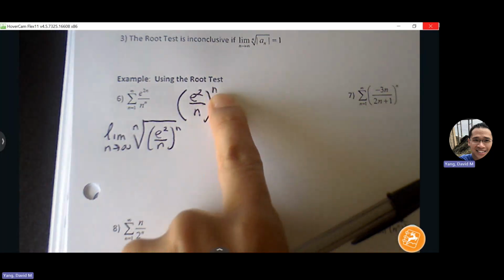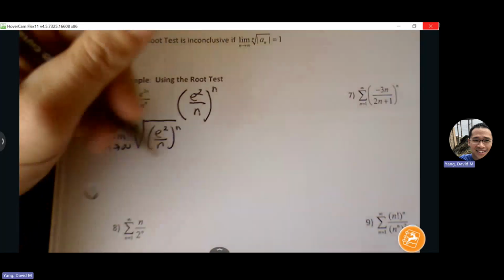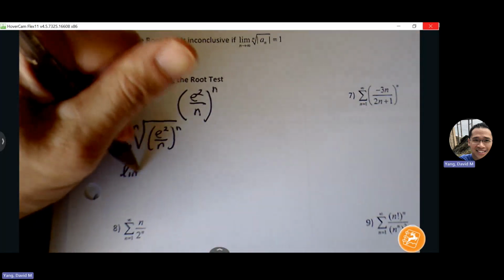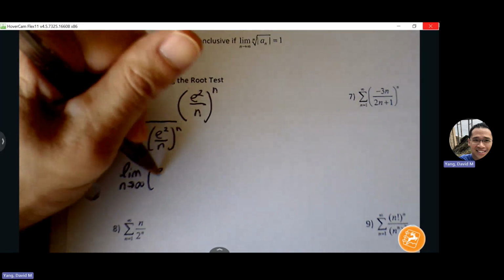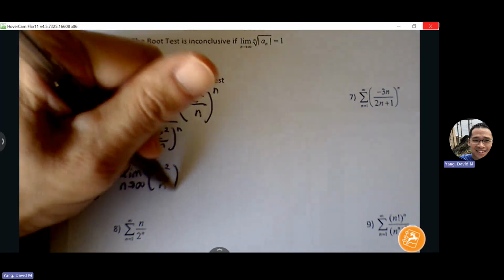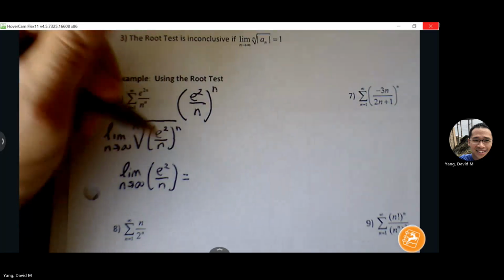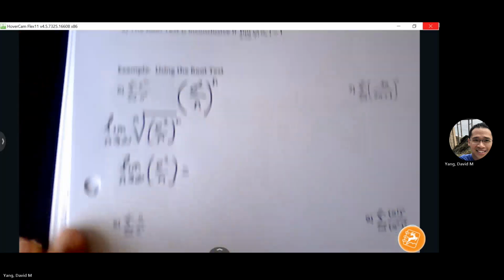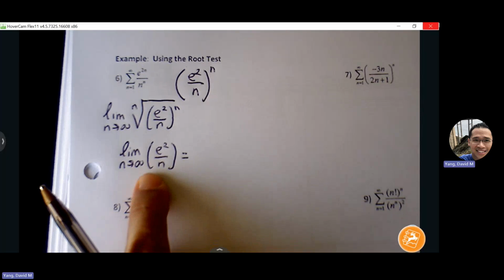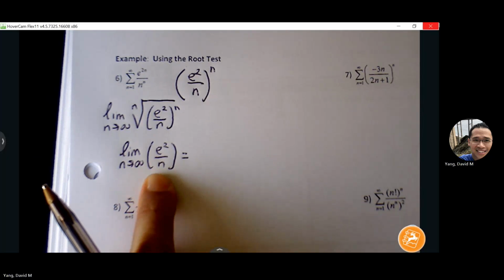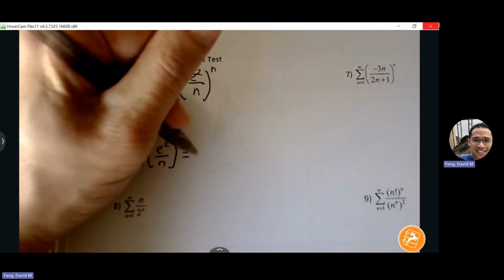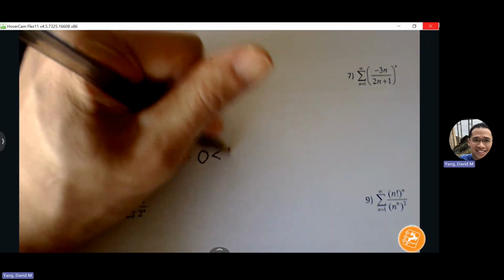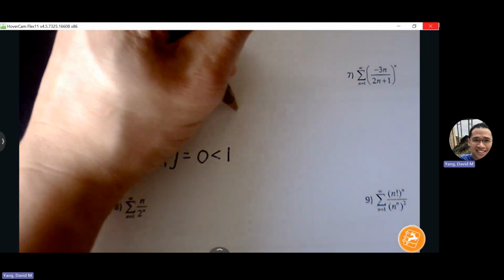Yeah, it's going to wipe out that n, and we're just looking at what's inside the parentheses now to determine convergence, or what that limit is equal to. And here, as n approaches infinity, and e squared is just a number, what is this going to approach? 0. And 0 is less than 1, so converges by the root test.